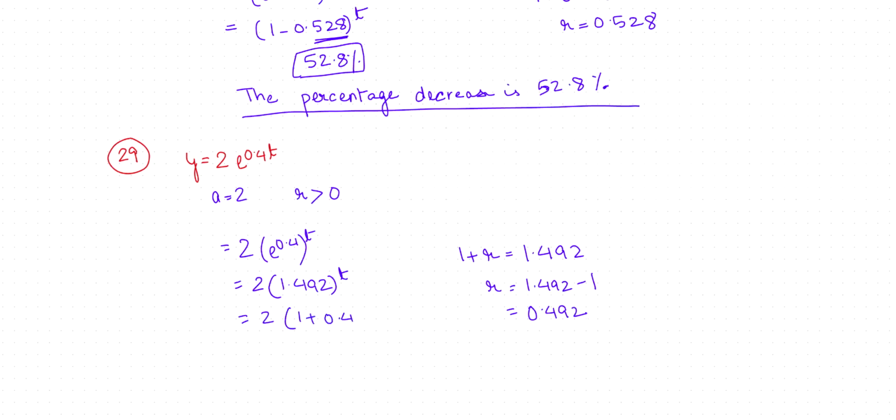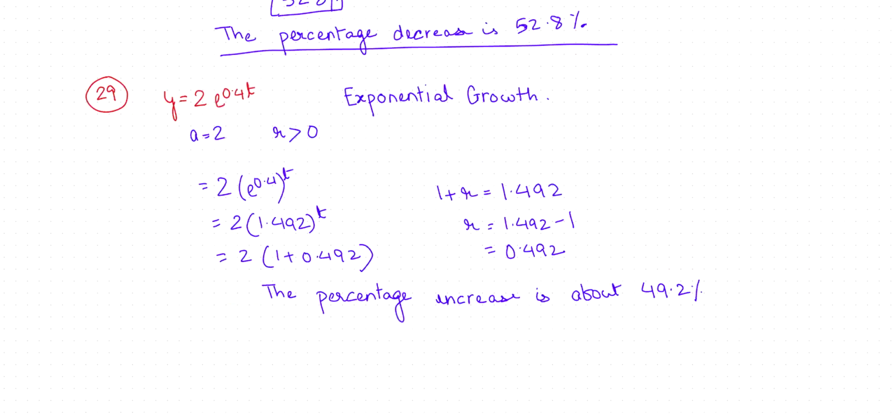So we can see that the percentage increase is 49.2%. So this is an exponential growth because r is greater than 0 and the percentage increase is about 49.2. Let's do more problems.